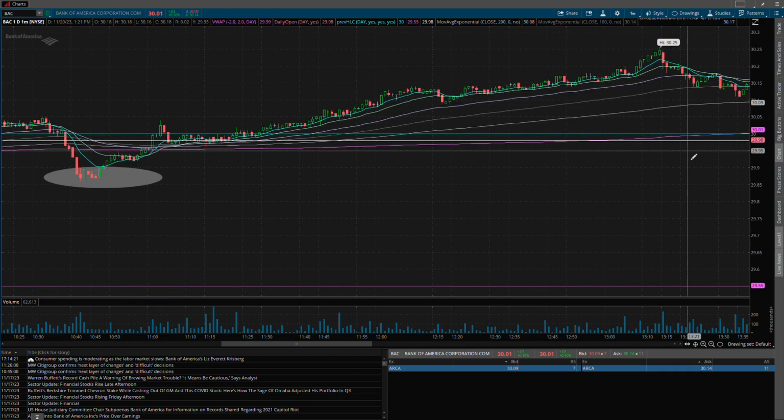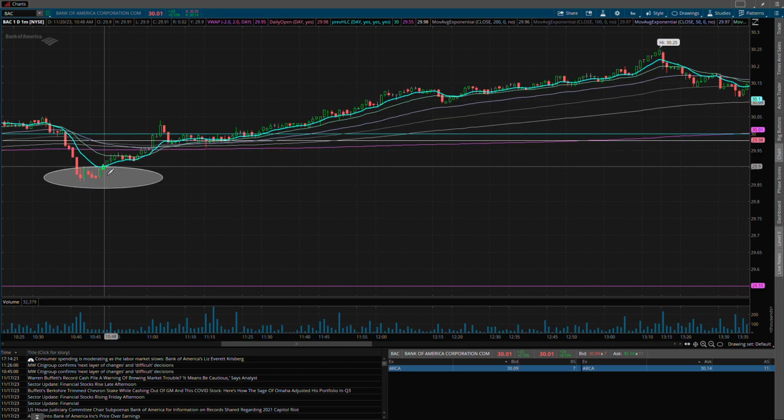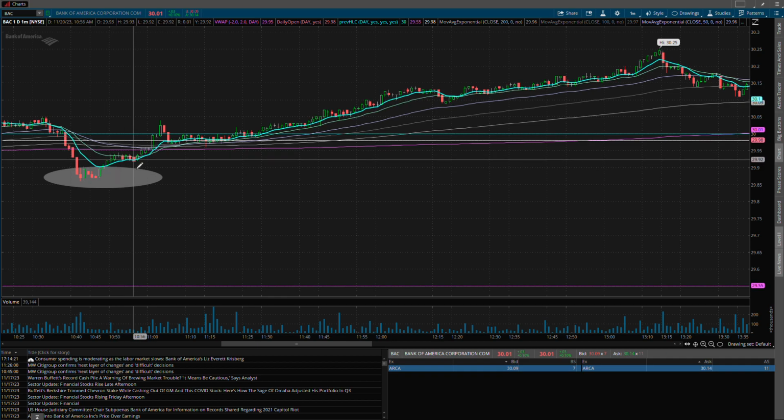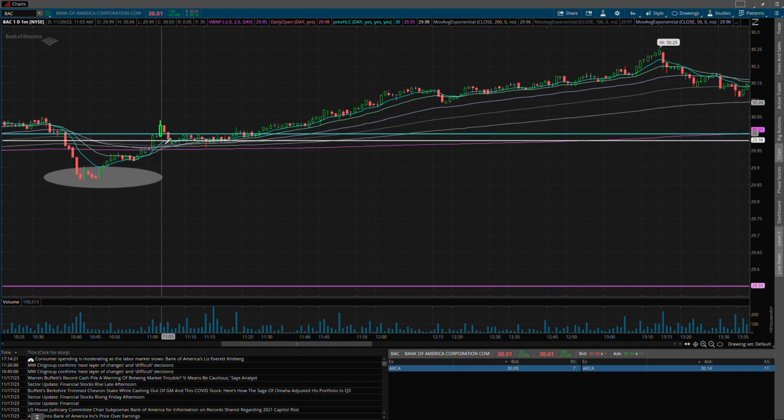Look at each candle formation, boom. These series of red candles, and then it keeps going up, and then it went back down. So holding through that would be difficult.